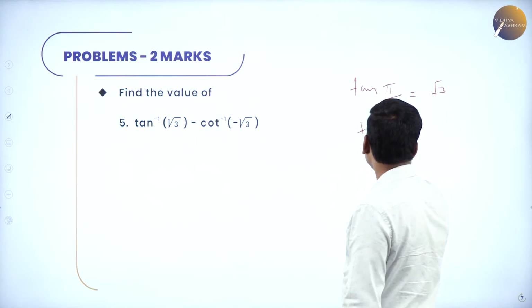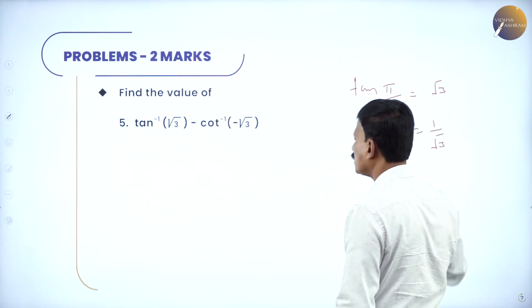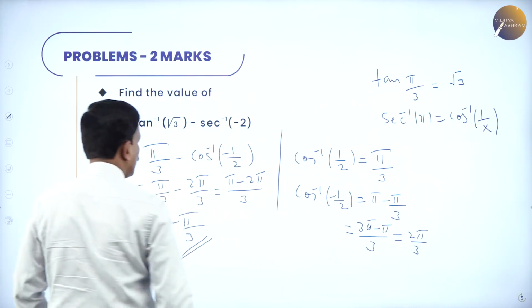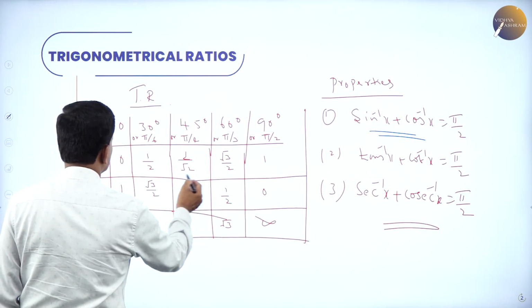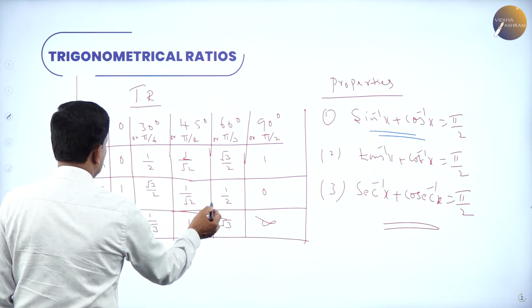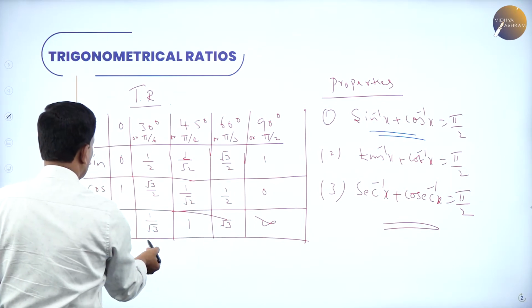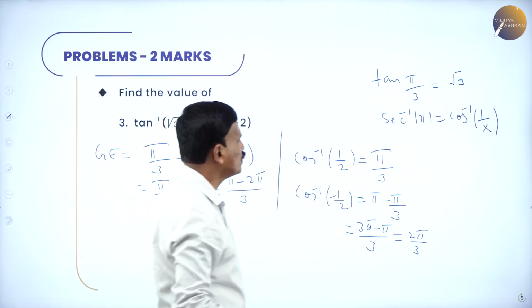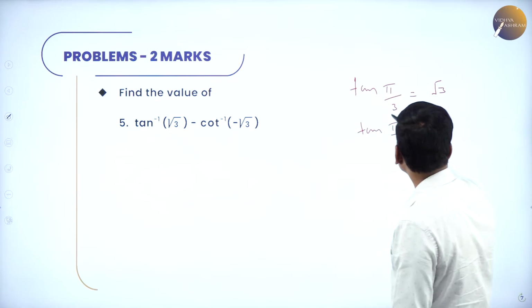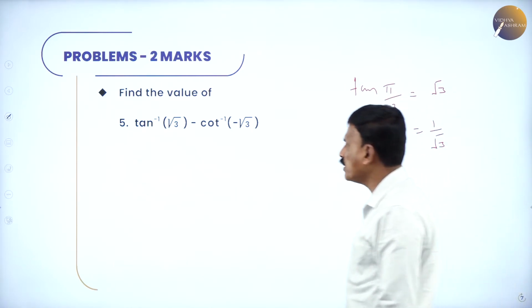Similarly, tan of pi by 6 is equal to 1 by root 3. So, root 3 comes for tan of pi by 3, and tan of 1 by root 3 is equal to pi by 6. Tan of pi by 3 is root 3, and tan of pi by 6 is equal to 1 by root 3.